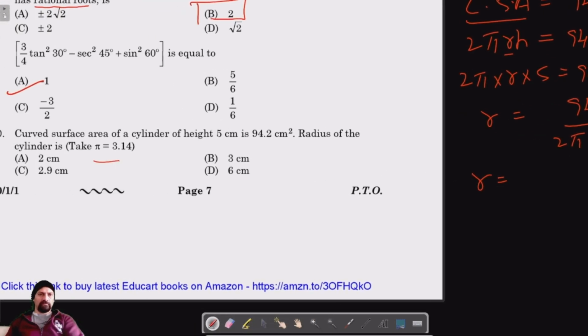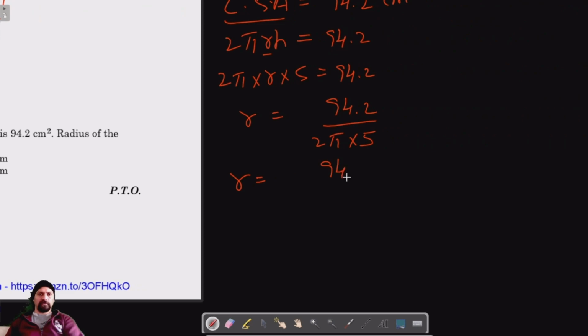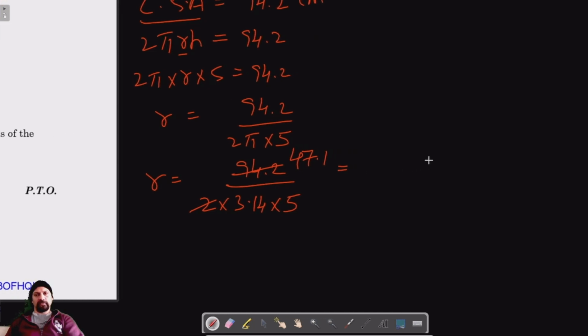And it's given that the value of pi is 3.14. So this is 94.2 upon 2 into 3.14 into 5. Okay, so this is 2 4s are 8, 7 are 14, so this is 47.1 upon 3.14 into 5.